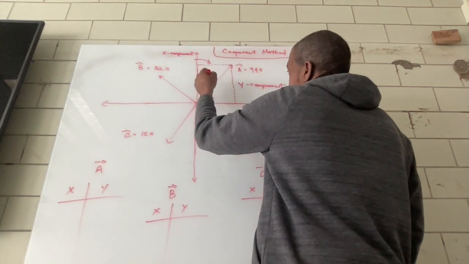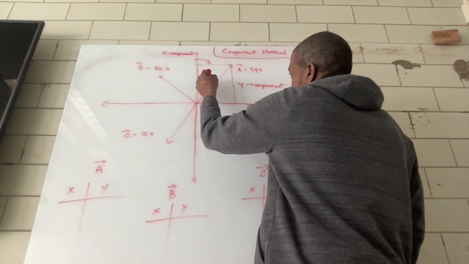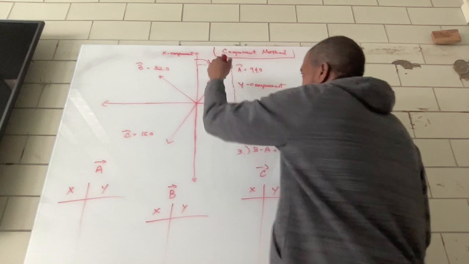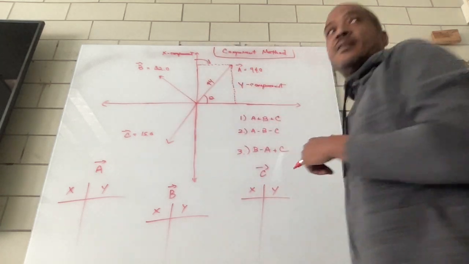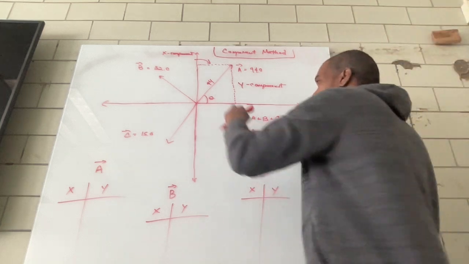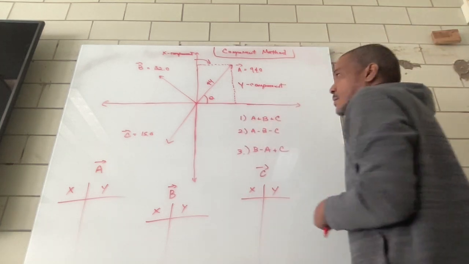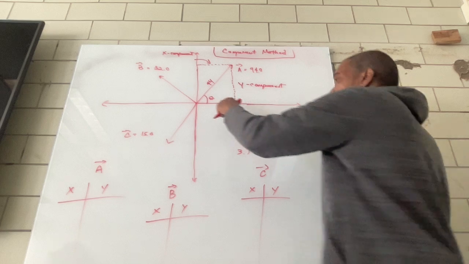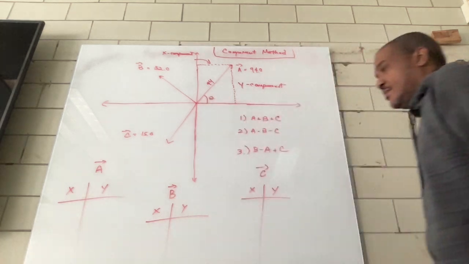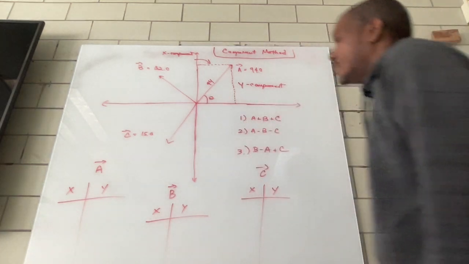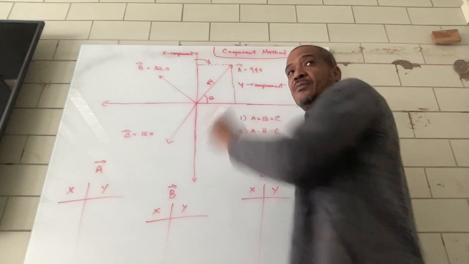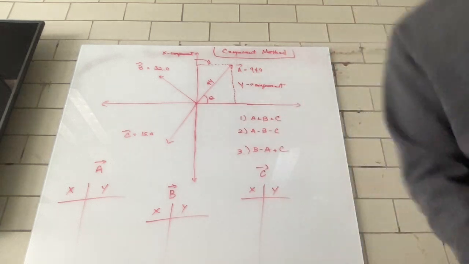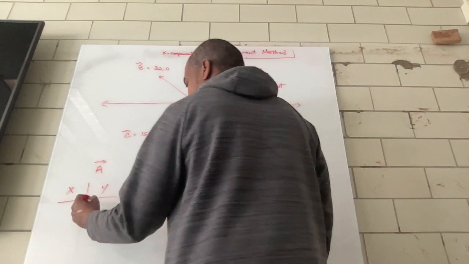If I know this is 44, that's the magnitude of this vector, 44, and this is my angle theta, so this is the what side? Opposite side. So my y component is what?